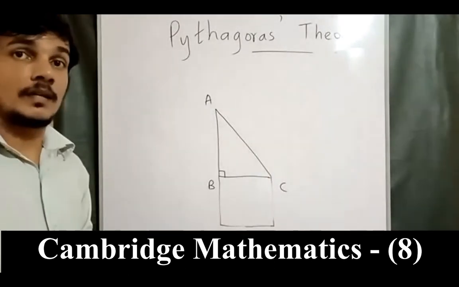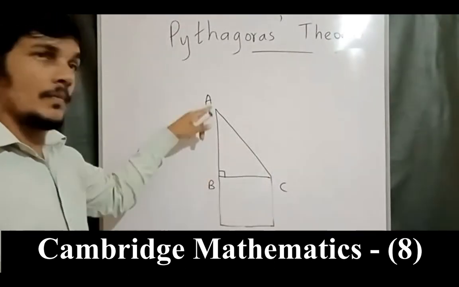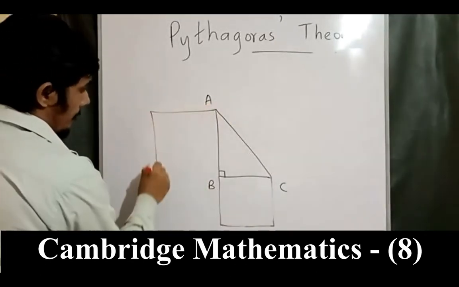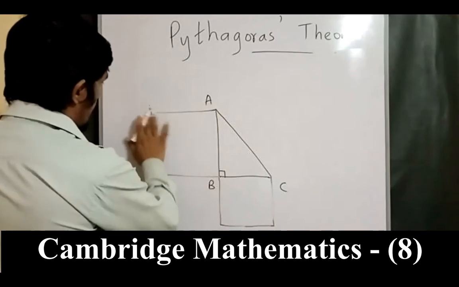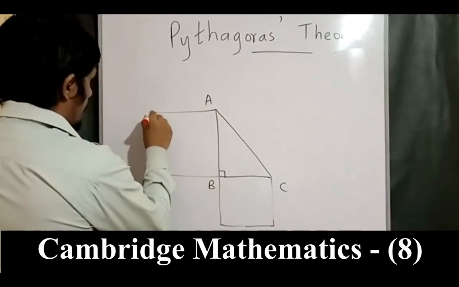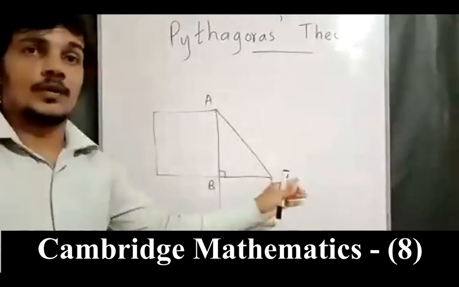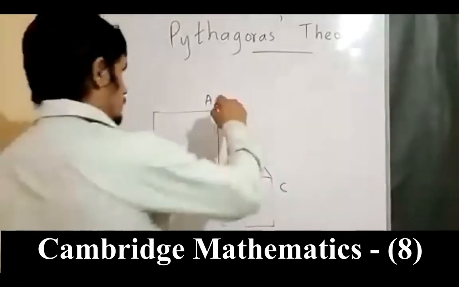Similarly, I construct another square on side AB also. And finally, on the hypotenuse also I do the same thing. Just a square.